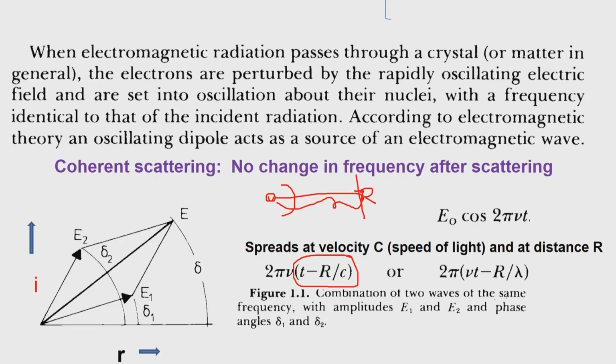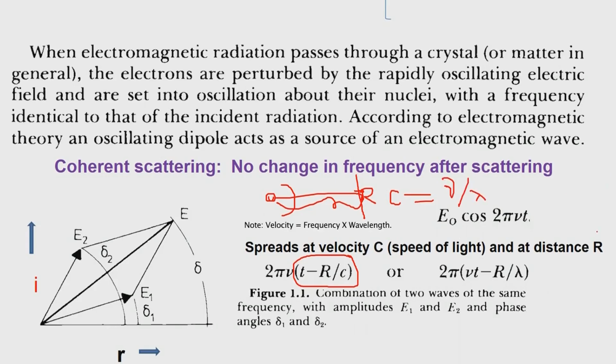This introduces a difference in path, and the path difference can now be expressed in terms of wavelength as well, because c is equal to nu times lambda.